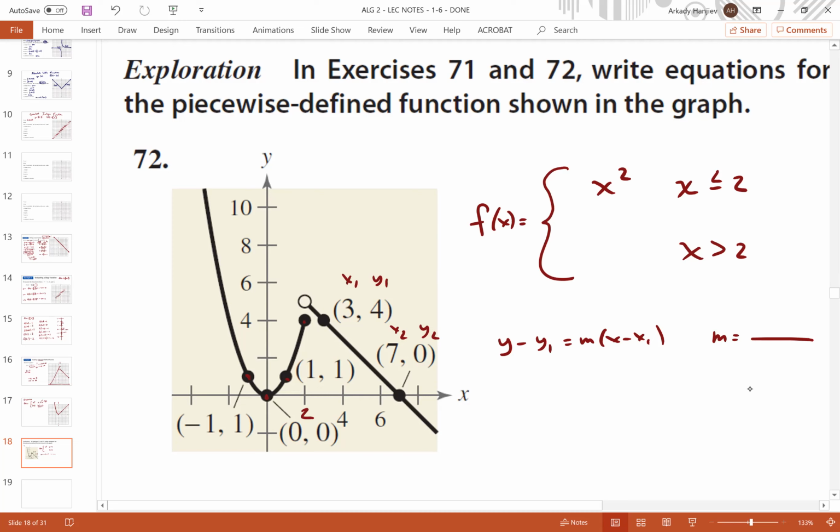So a little bit of work on this one. The x squared was pretty easy to see because that was one of the parent functions. Like, oh, that's easy. That's just x squared. Difficulty was in trying to get these linear functions. Okay, anybody got the slope yet?